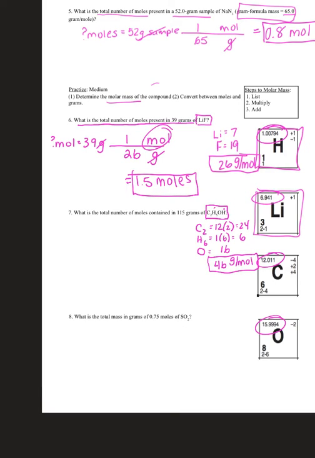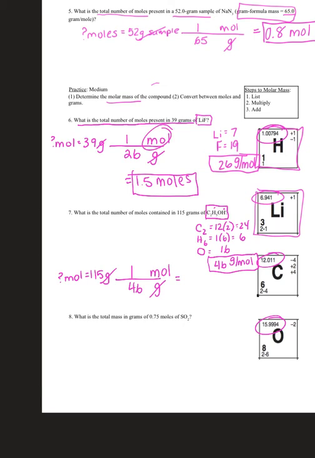Okay, so back to the question. What is the total number of moles contained in 115 grams? Let's set that up. How many moles are equal to 115 grams? Grams on the bottom, moles on the top. I have 46 grams, grams cancel grams, for every 1 mole.